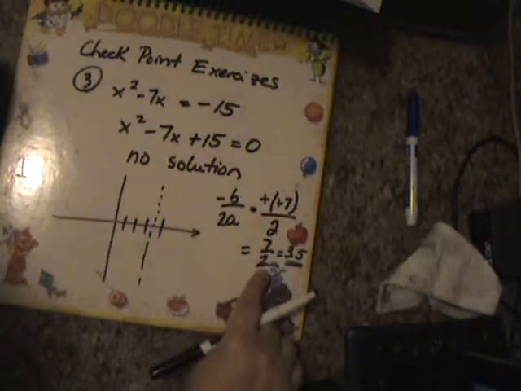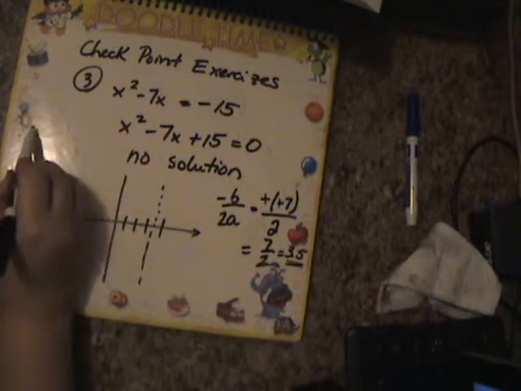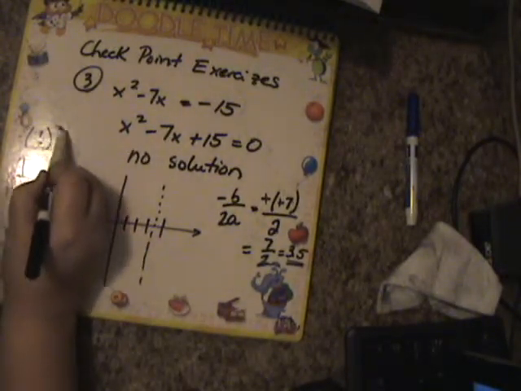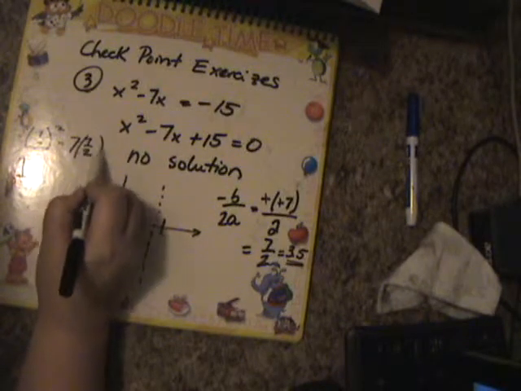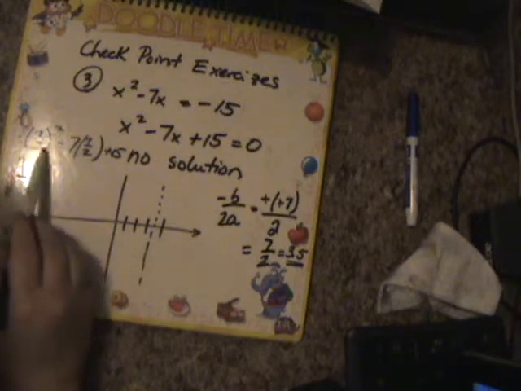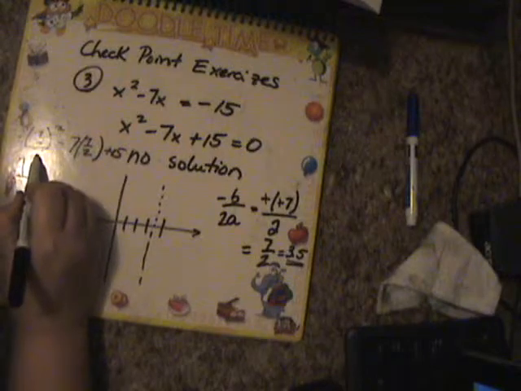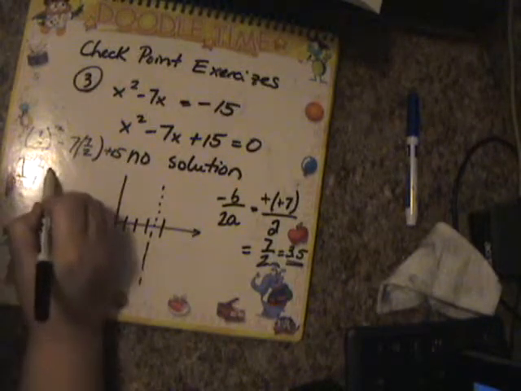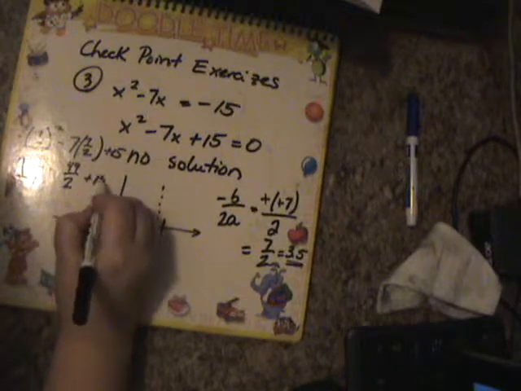Now, when I plug this into my equation, I would have 7/2 squared minus 7 times 7/2 plus 15. And if I look at this, this is going to be 49/4 minus 49/2 plus 15.